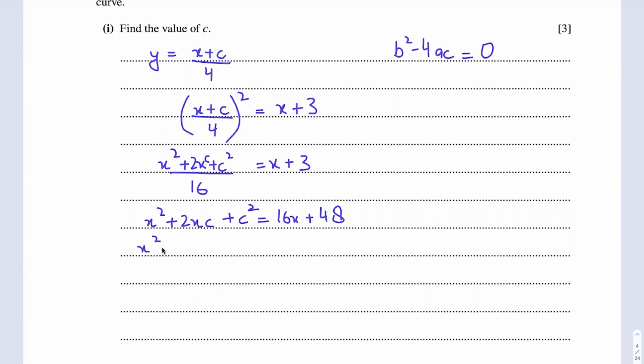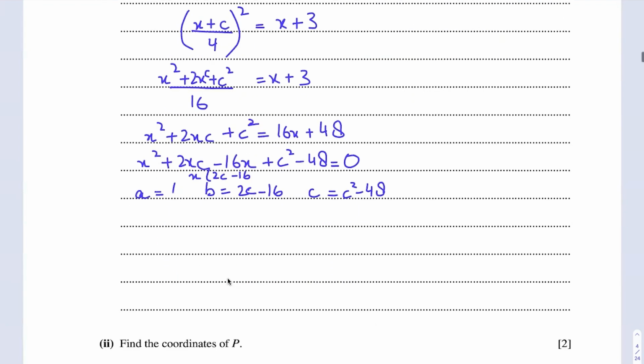Simplifying this, we get x squared plus 2xc minus 16x plus c squared minus 48 equal to 0. So the value of a is 1, as the coefficient of x squared is 1. The value of b, which is the coefficient of x, will be 2c minus 16, if we take x common. So the value of b is 2c minus 16, and the value of c is c squared minus 48.